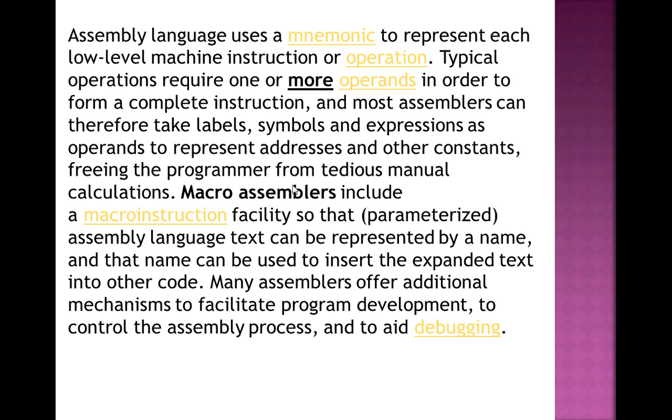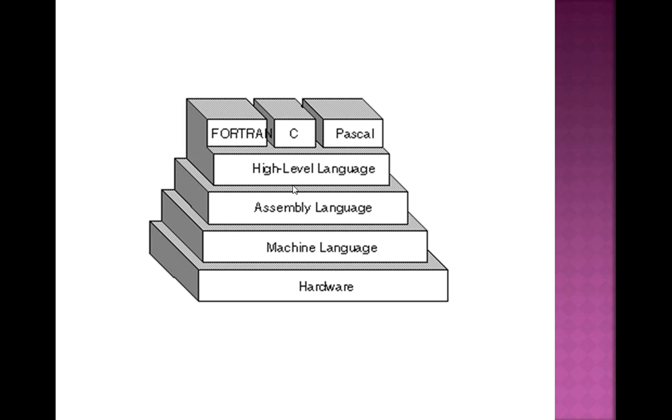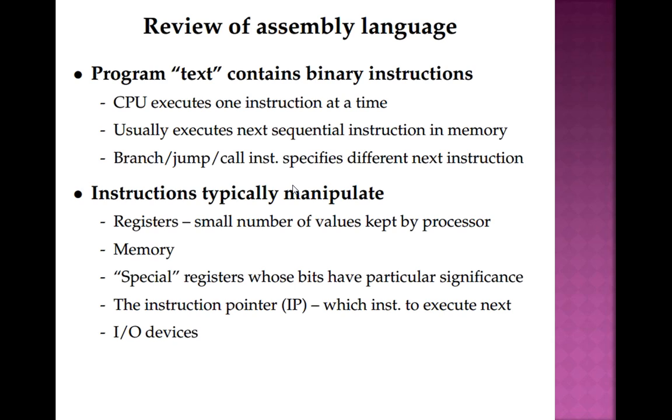It means many assemblers used in assembly language are required to facilitate program development, to control the assembly process and to aid the debugging process. This is the diagram which I showed you.